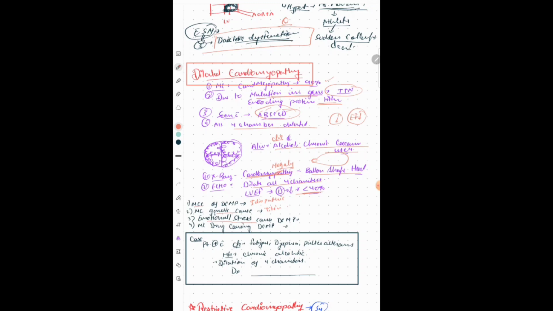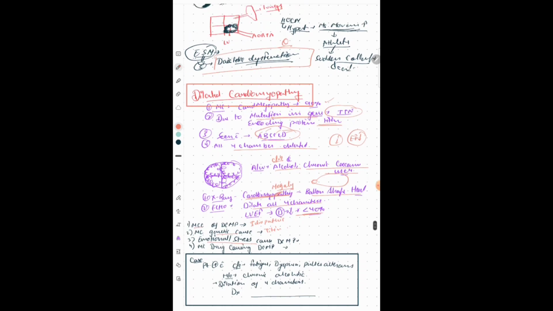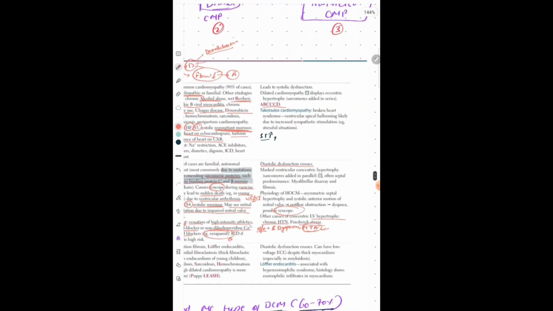Emotional stress, we are learning this also. Emotional stress with increased catecholamines leads to Takotsubo cardiomyopathy. In this we see ventricular apical ballooning due to increased sympathetic stimulation.